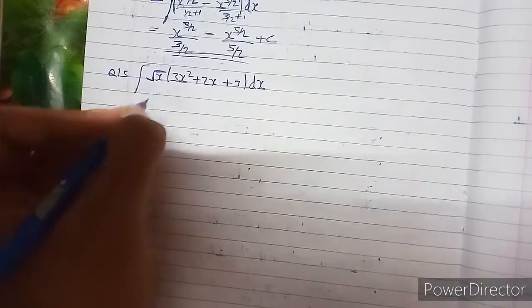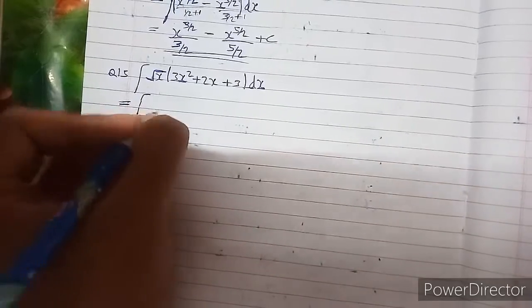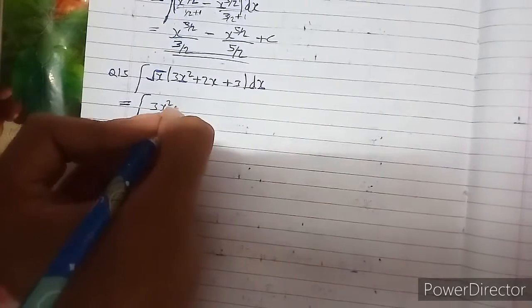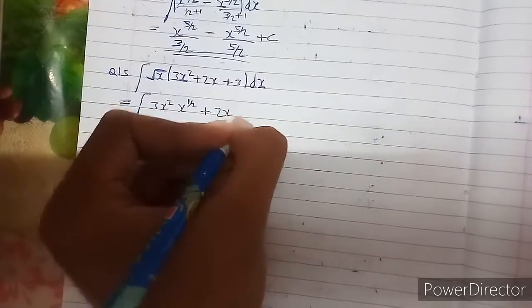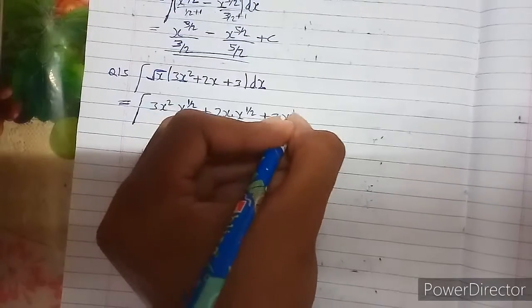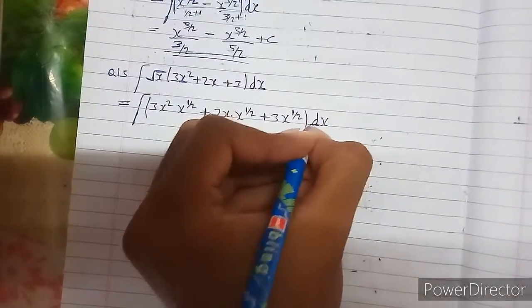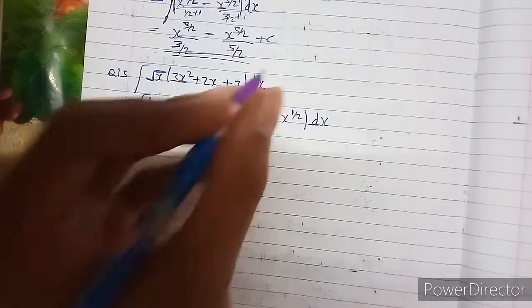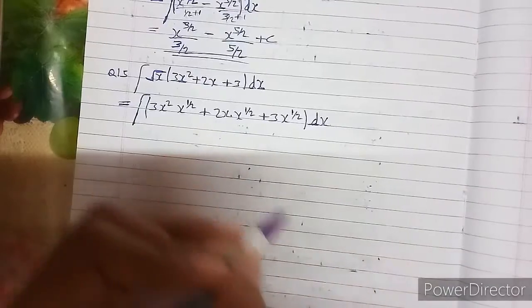So both things we can do at once, because now I think you all are capable of doing it. Here what we have to write: 3x square times x to the power 1 by 2, plus 2x times x to the power 1 by 2, plus 3 times x to the power 1 by 2. So I have done 2 steps at the same time. You can do 1 by 1 also if you are facing difficulty.